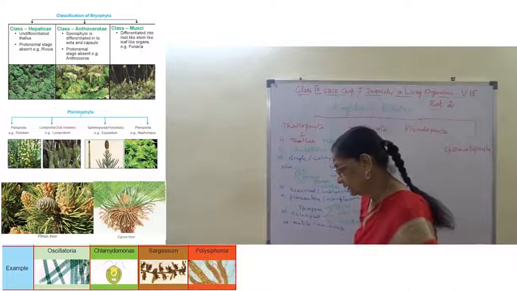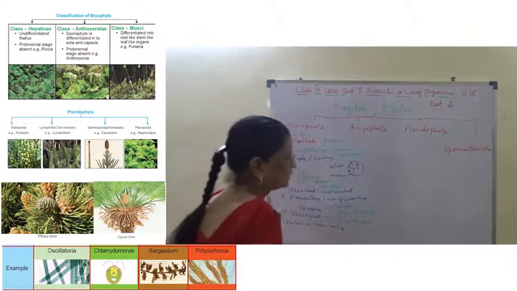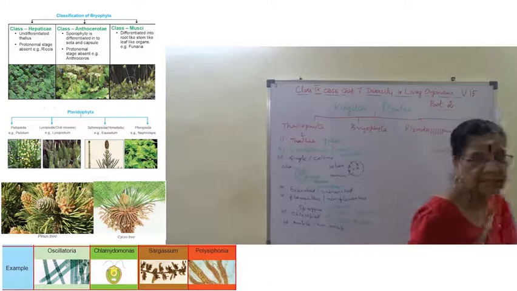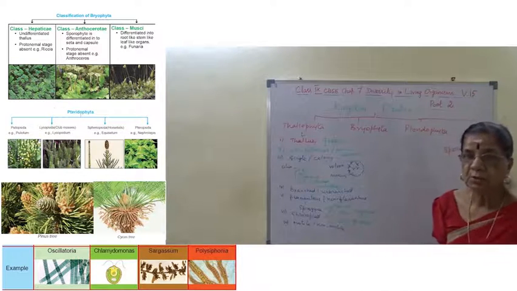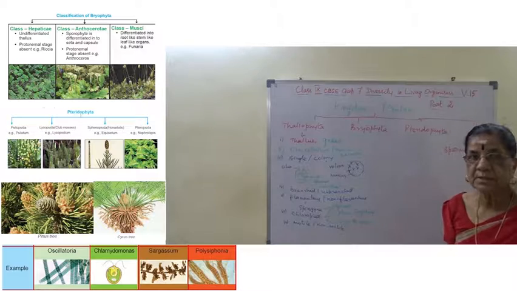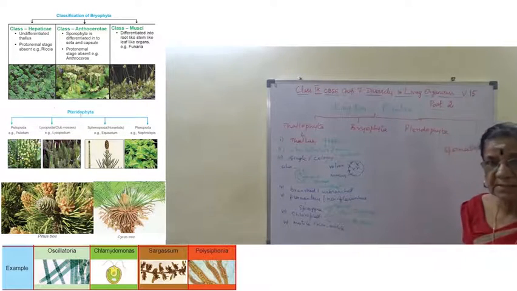So, what are all the characters of division Thallophyta? The plant body is thallus. Some of these are not in our book, but you should note down these characters, even if you have to pause this video. Right? Plant body is thallus, green in color, and all of them are aquatic.